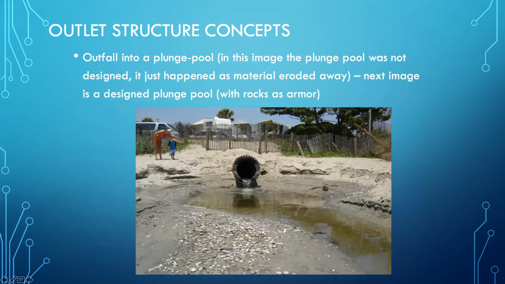Here's a diagram of an unintentional plunge pool, but it illustrates what a plunge pool is supposed to be. So there's the pool that receives the high energy water out of the pipe.